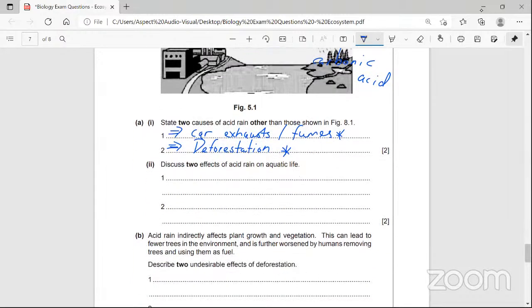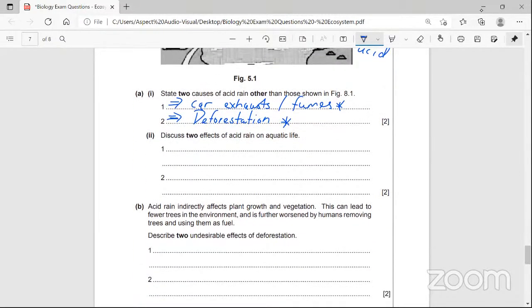Discuss two effects of acid rain on aquatic life. What can acid rain do to aquatic life? It can kill aquatic life, so it can kill the fishes inside the sea. How?